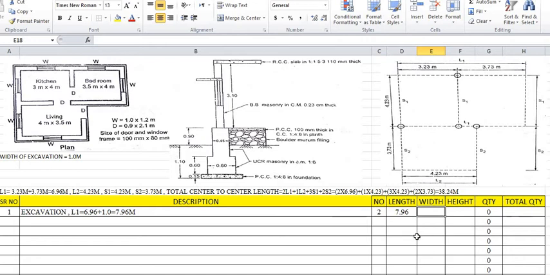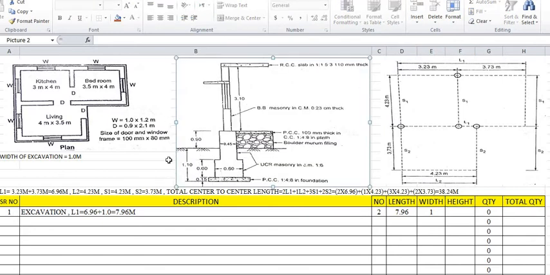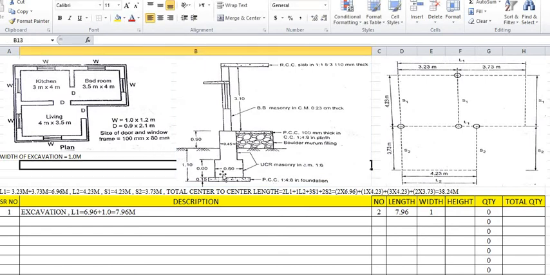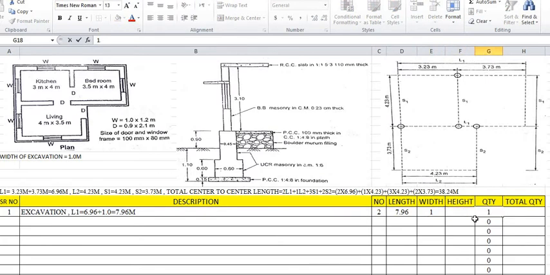Here we are calculating excavations, and the width of excavation we are considering as 1 meter. What is the height? The height of earthwork in excavations, the depth below GL, has been mentioned as 1.1 meters.